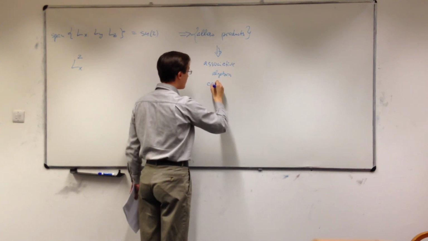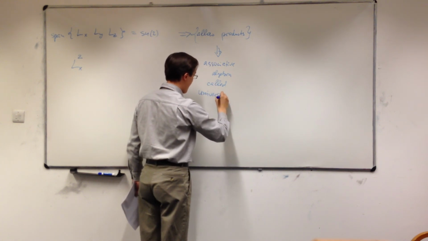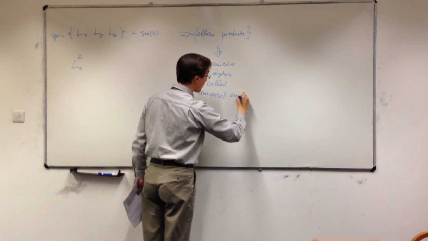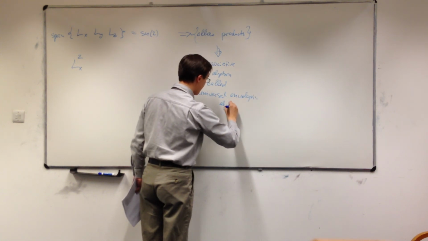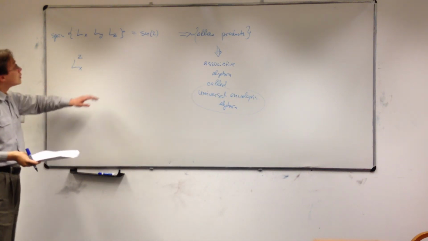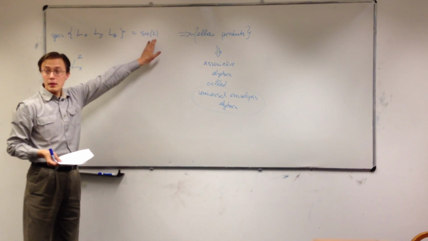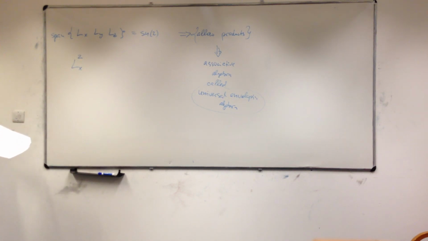And it's called the universal enveloping algebra. So the envelope of SU2 is obtained by allowing plain products inside SU2. And in that case, we can, of course, have then Lx squared.